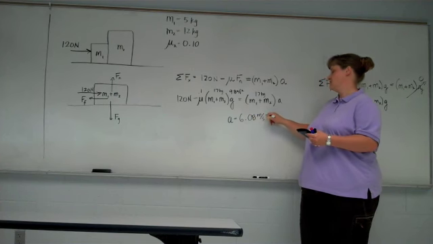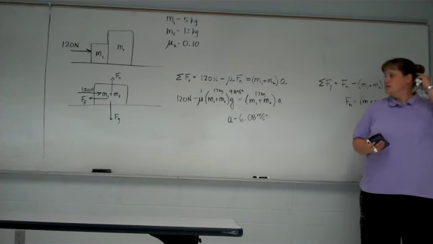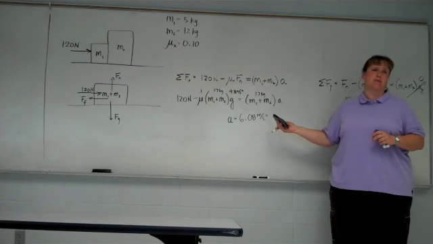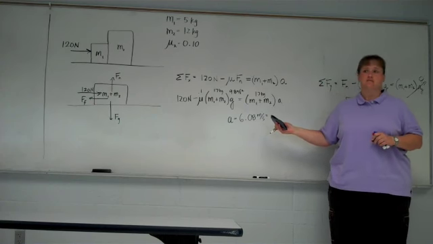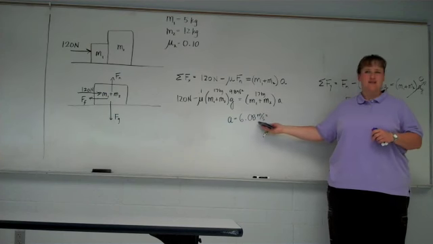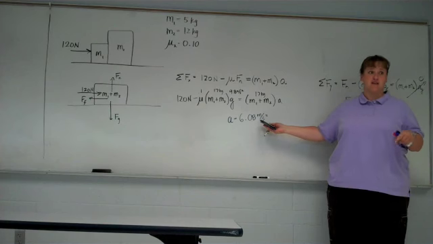Anyone else agree? Yep. Now, with that sort of acceleration, we're not going to be able to keep up with the boxes for very long. So we're only answering the question during the period of time when we are applying the 120 newtons. An acceleration of 6.08 meters per second squared means the velocity is increasing by 6 meters per second every second.